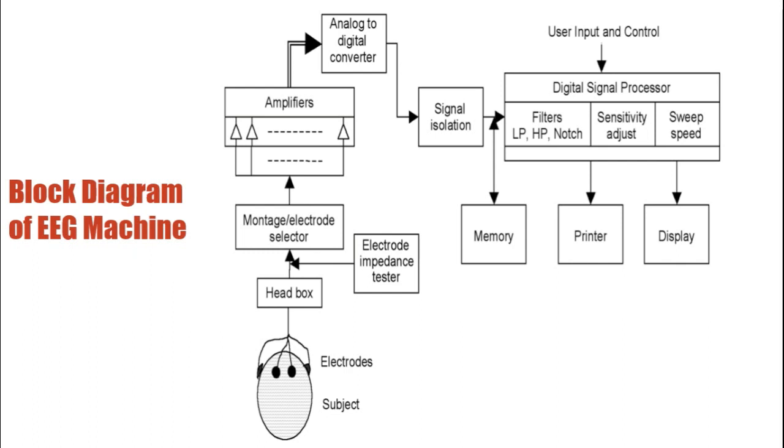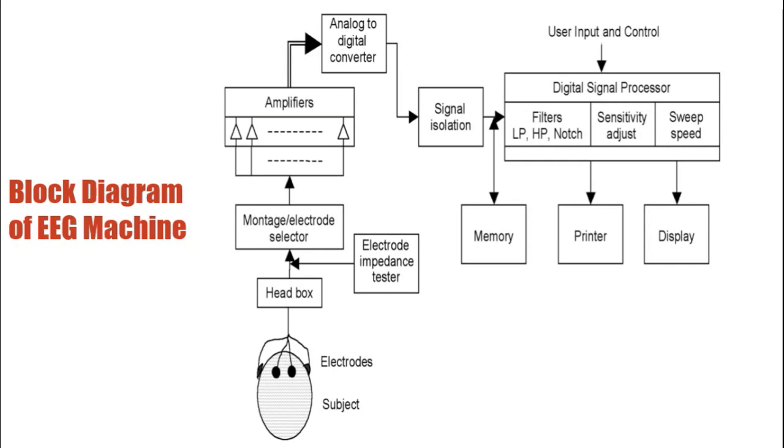So I will be explaining the block diagram of the EEG machine. When we consider any signal, first we need to acquire that signal, then we need to pre-process it. Then there will be signal processing, and then we will analyze that signal on the display.